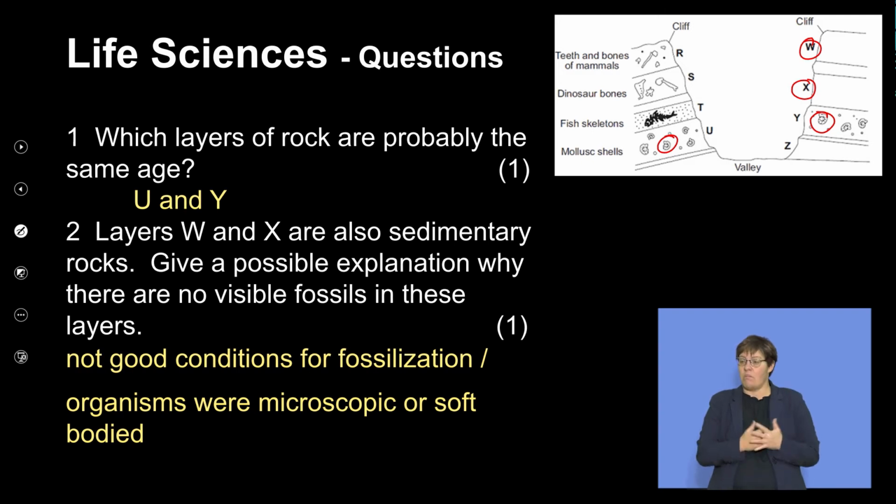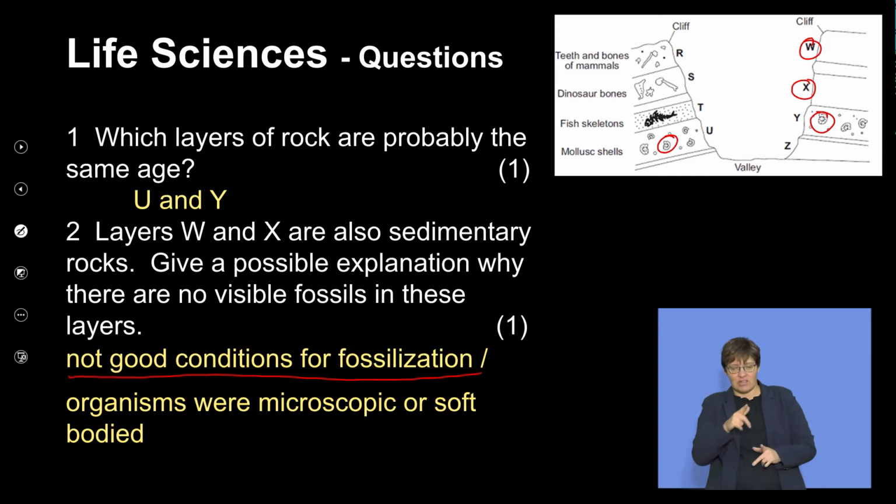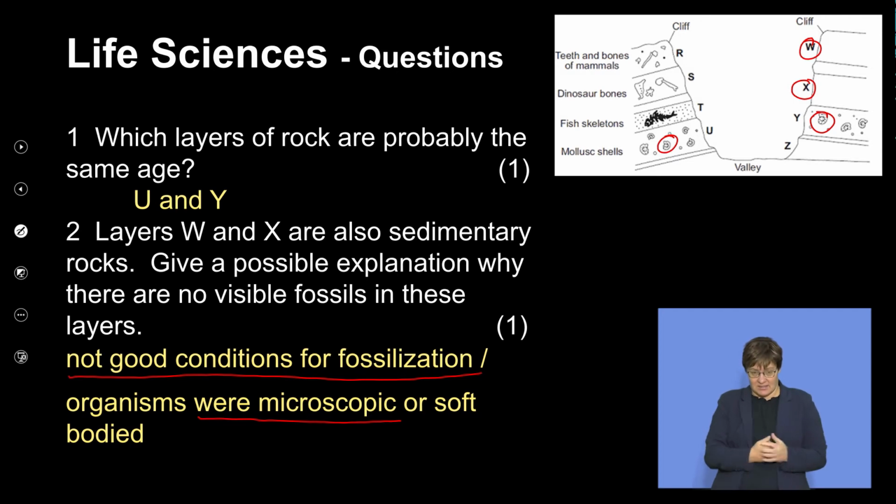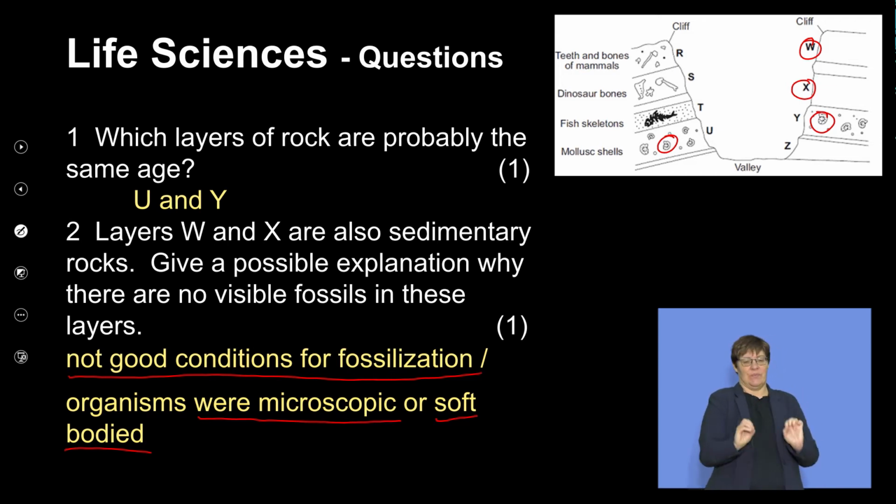So the most common explanation would be that the conditions for fossilization weren't good. Another answer you could give is that the organisms were microscopic, so you couldn't see them, or the organisms were soft-bodied, and we know that soft-bodied organisms generally don't form fossils.